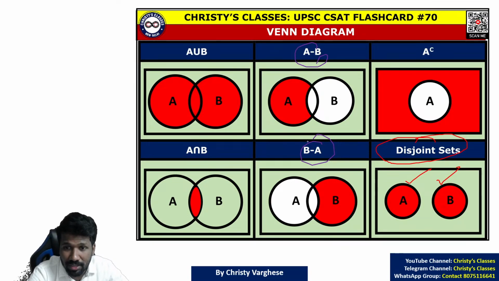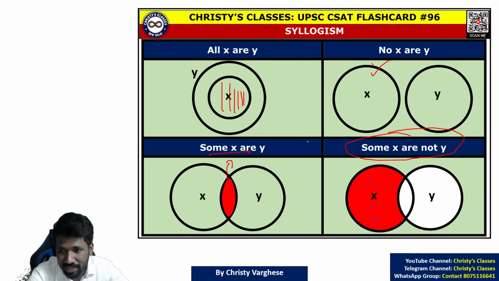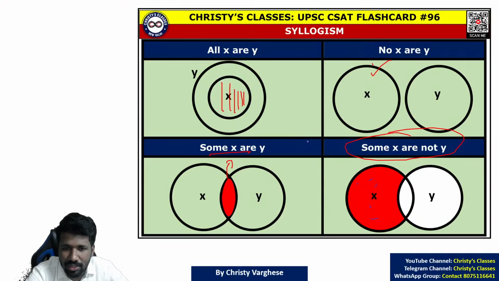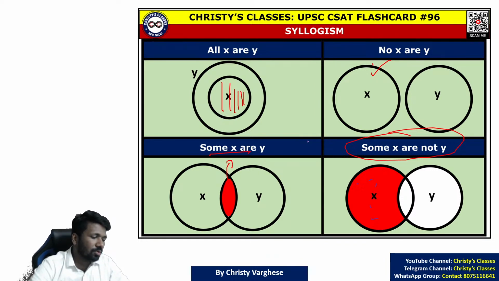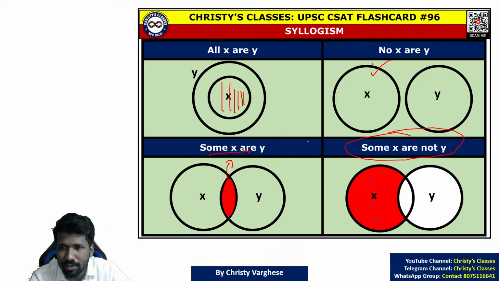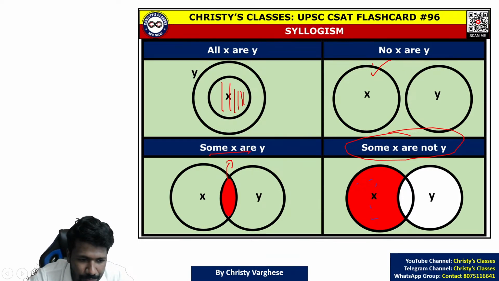That is why we represented in terms of a minus b, b minus a. Here actually it is more reasoning, more logical analysis we have to do. So some x are not y can be represented like this. So these are the four major types of propositions, and in the question you will see one of these or more than one of these four statements or propositions.